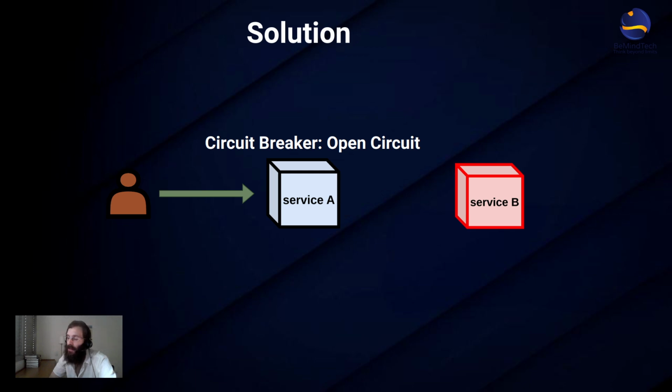When the circuit is open, the service does not send any request to the other service. So in this case, because the status of the circuit breaker is open, service A does not send any request to service B, it just rejects all the requests that need to be sent to service B.